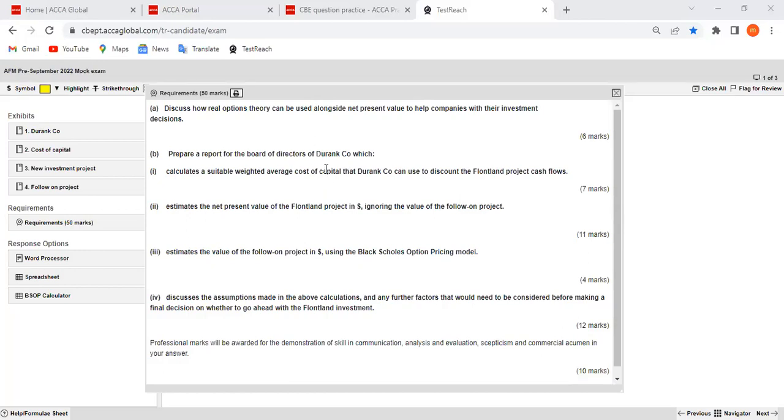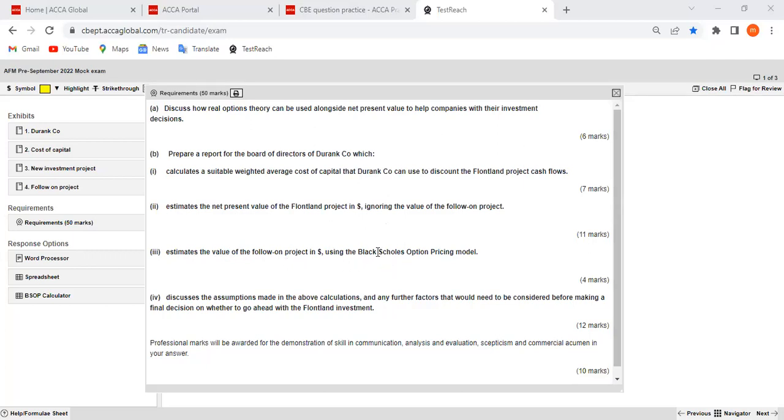Prepare a report which calculates a suitable cost of capital for D company to use as a discount rate. Using the F project cash flows, estimate the NPV of the F project ignoring the time value of the follow-on project. Estimate the value of the follow-on project in dollars using Black-Scholes.